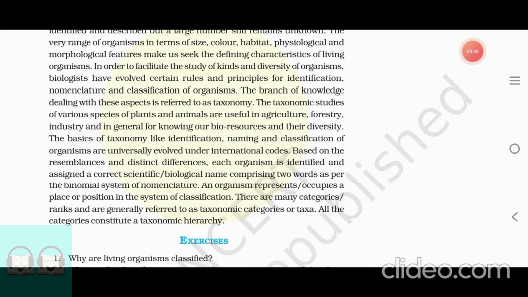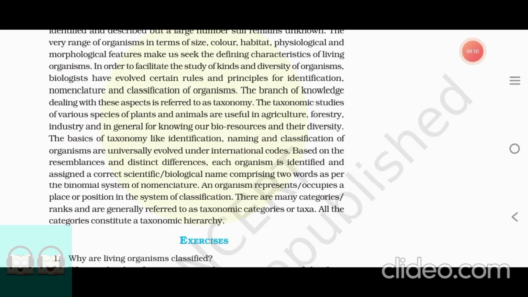The taxonomic studies of various species of plants and animals are useful in agriculture, forestry, industry, and in general for knowing our bioresources and their diversity. The basics of taxonomy, like identification, naming, and classification of the organisms, are universally evolved under international codes.